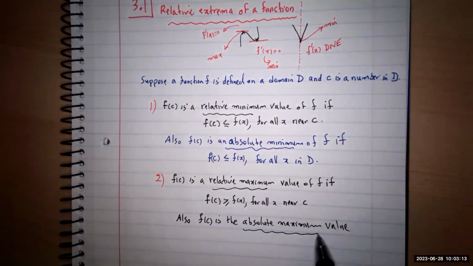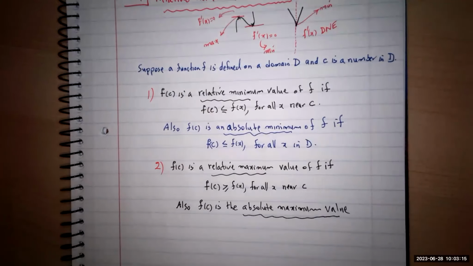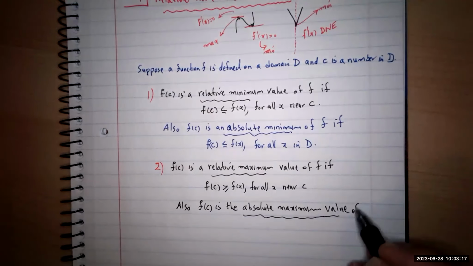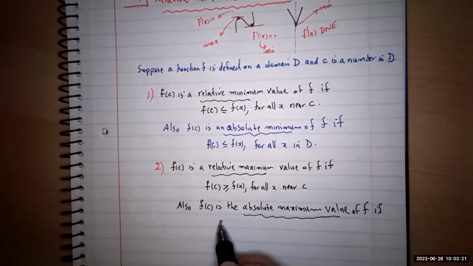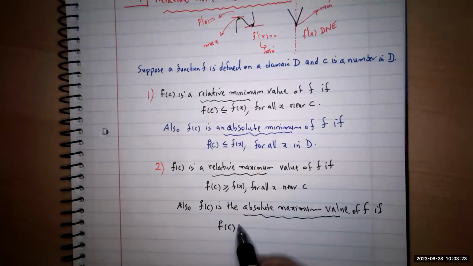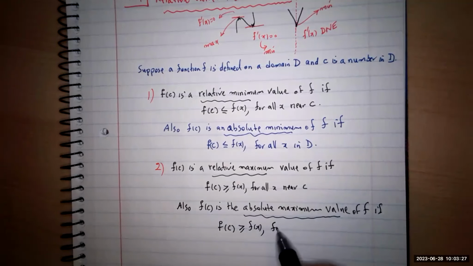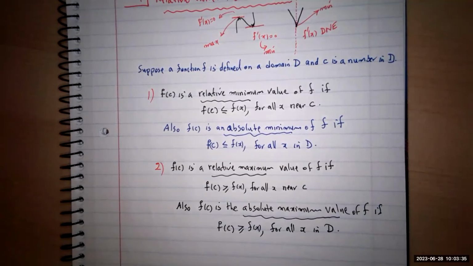Absolute means this is the largest possible value of the function, of f, larger than anything else. So f of c is greater than or equal to f of x for all x in the entire domain of the function. Okay, in the entire domain of the function.